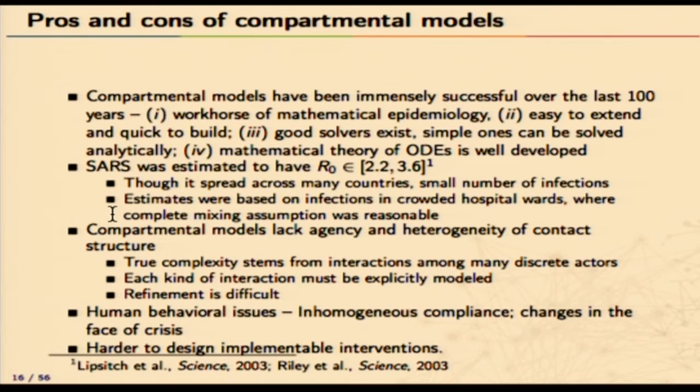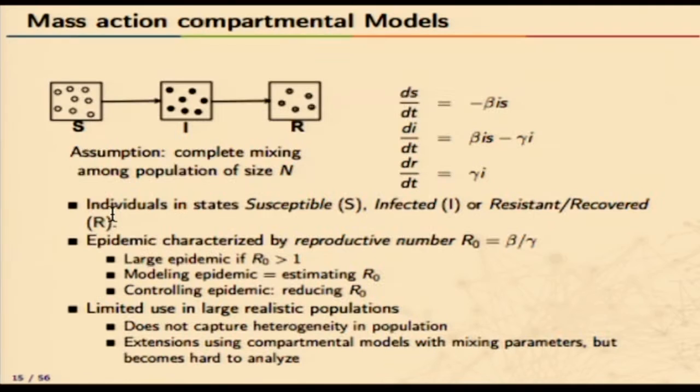Going by this estimate, SARS should have spread all over the world and caused huge infections, but it didn't. Partly that's a limitation of this methodology: people change their contact networks, and so the assumptions about complete mixing were no longer valid as the disease spread.